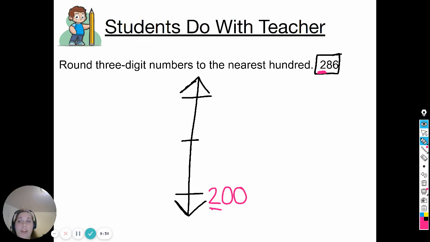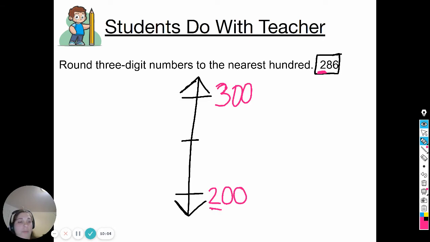Go ahead and fill it in if you know what your top number should be. The top number will be 100 more. So we have 200 plus 100 is 300. Okay. So we know 286 is somewhere in between 200 and 300.